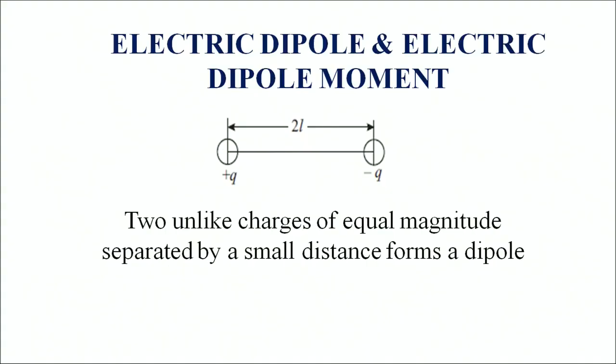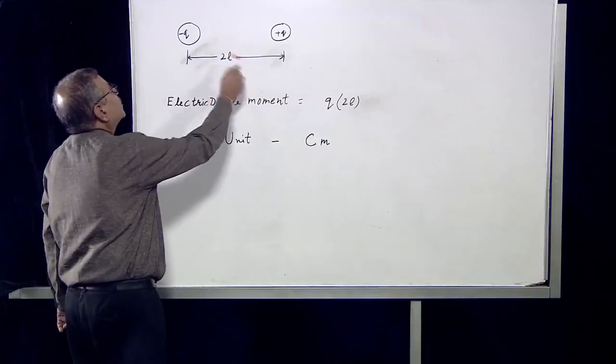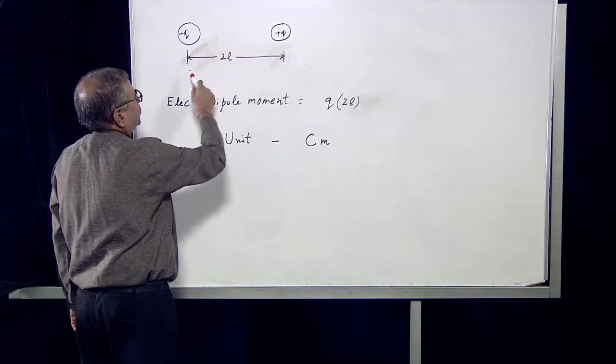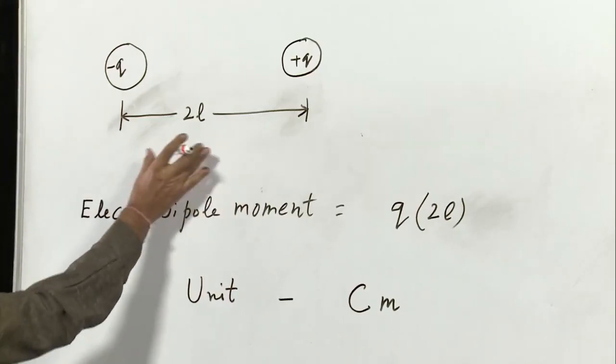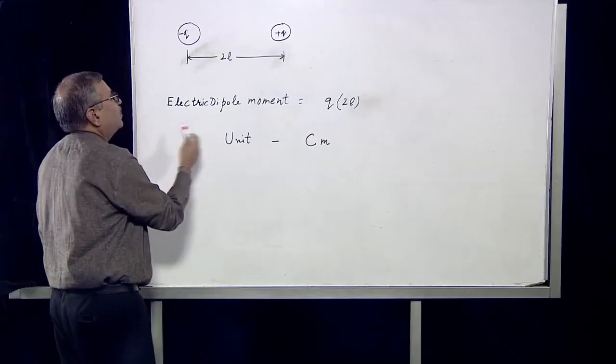The electric dipole is a system of two equal and opposite charges separated by a very small distance. The figure shows two charges minus q and plus q separated by a very small distance 2L. Now, let us calculate the electric dipole moment in this case.